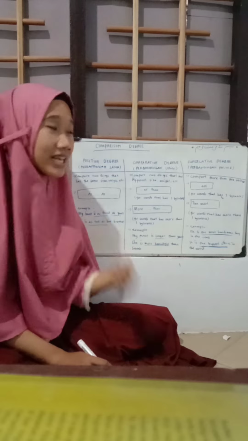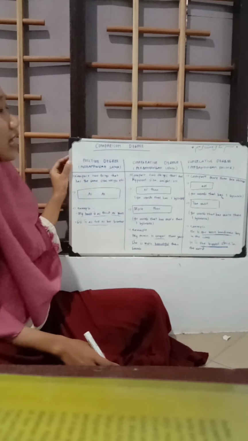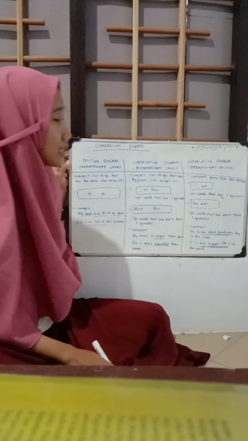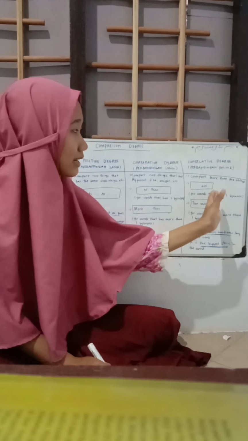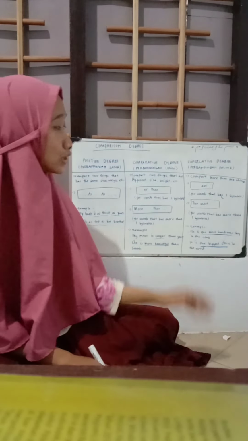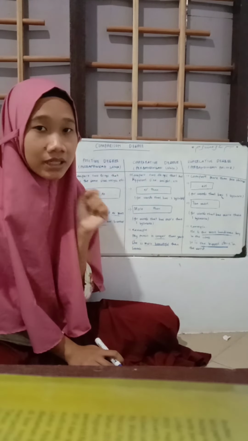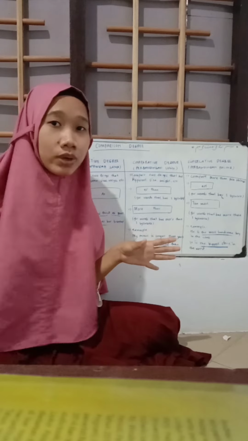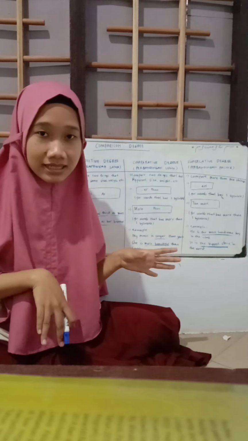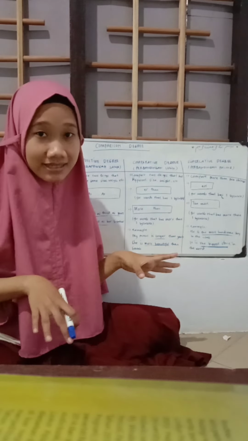Okay, so we are going to the last degree. The last degree is the superlative degree, or perbandingan paling. So here you not just compare two things, but you compare things with the whole things in that area.